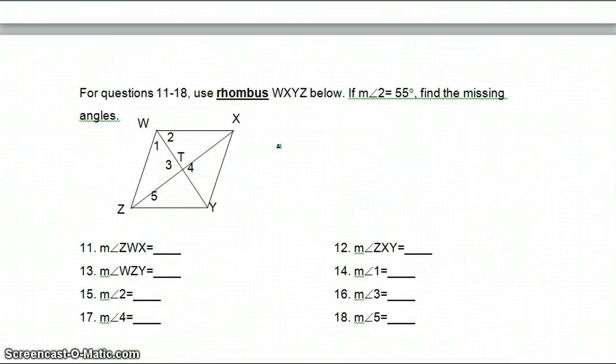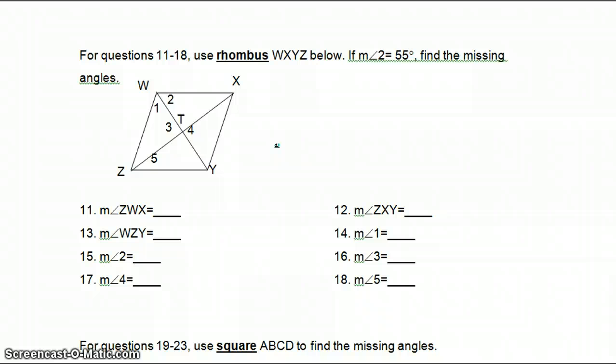11 through 18. I also have a rhombus, WXYZ, and they give us angle 2 is 55, so I'll put that up here. Now we learned that in a rhombus, diagonals bisect opposite angles, so if this is 55, angle 1 is going to be 55.